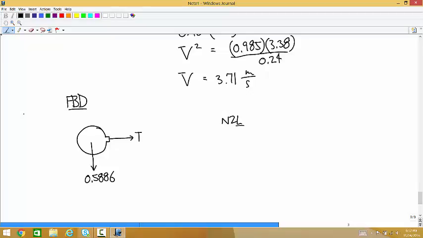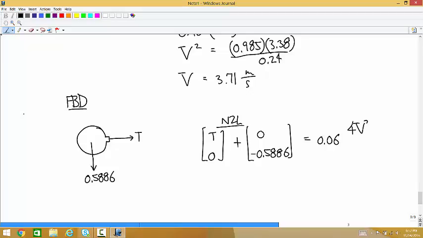Newton's second law would say T, 0, plus 0, negative 0.5886 is equal to the mass times 4v squared for the x component, 0 for the y component.